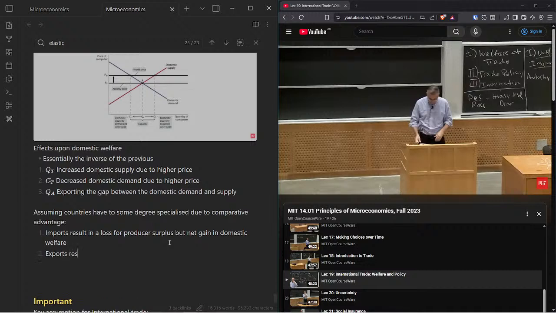And exports result in lower producer surplus, in lower consumer surplus, because it's been shifted to producer surplus.